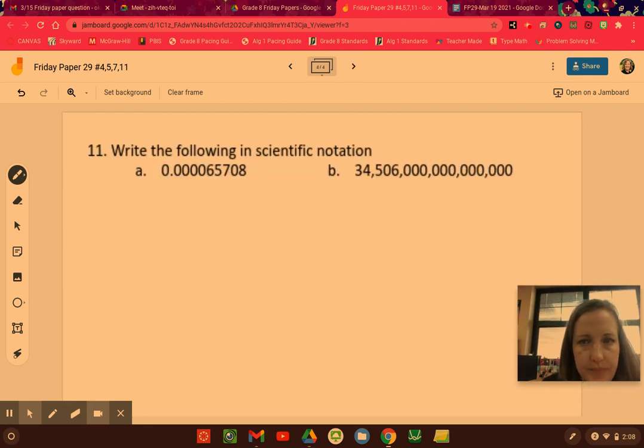Last question. Write the following in scientific notation. I tell you what, I'm going to do A for you, but then you have to do B, okay? So for this one, we have a decimal that's very small. It's so small, right? When you're talking about decimals that small, you're talking about like the diameter of an atom, or the diameter of the nucleus of an atom even, right?